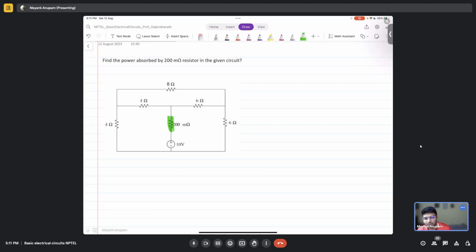Come on, solve it fast. This should be easy now because this has been done so many times. Come on, guys, solve this question. Tell me the answer.